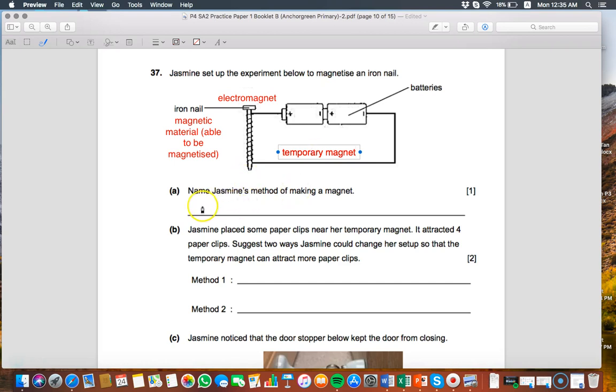Okay, name Jasmine's method of making a magnet. What is this method called? Okay, it is using electricity to make an electromagnet.